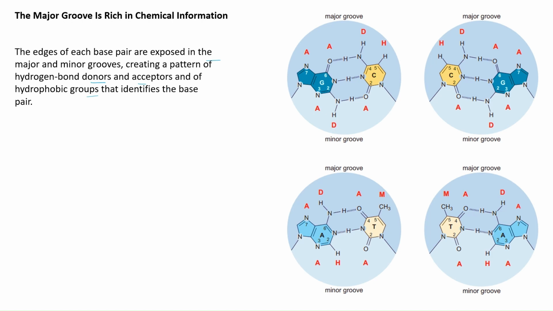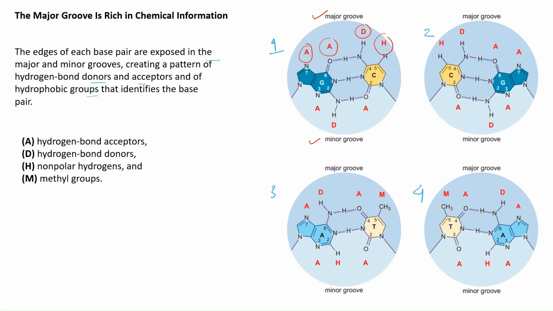How? We'll understand now. Here, as you can see, when G is bonded with C, this is the first figure, then second, third, and fourth. In the first figure, when G is bonded with C, the upper side is showing the major groove. The lower side is showing the minor groove. In this pairing, in the major groove, the sites which are exposed are A, D, and H. That means A for hydrogen bond acceptor, D for hydrogen bond donor, H for nonpolar hydrogen, and M for methyl groups.